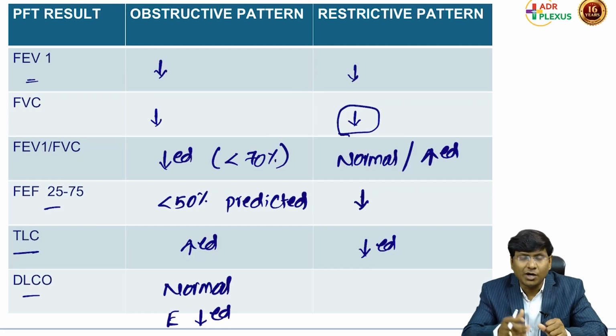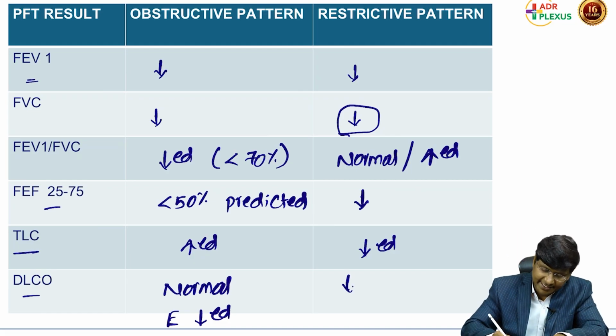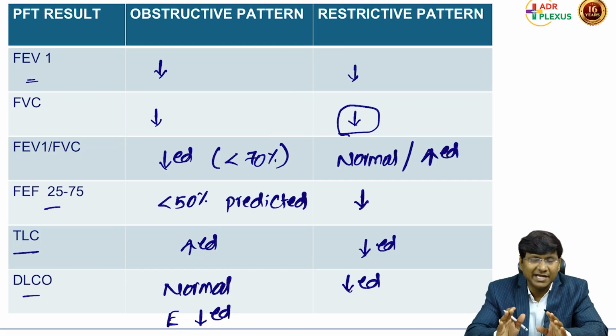Whereas in other causes of obstructive lung diseases, the gaseous exchange does not get affected much, so the DLCO will remain normal. Whereas in restrictive lung disease, the entire parenchyma is replaced by fibrous tissue. Thereby the DLCO will be decreased in pulmonary causes of restrictive lung diseases.